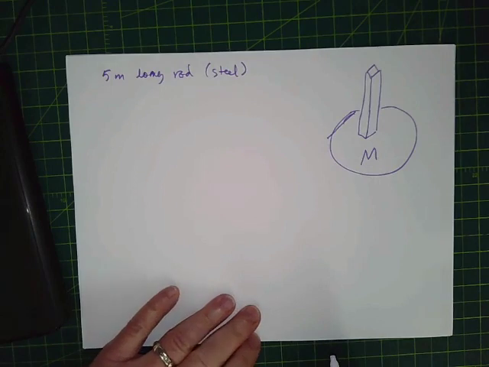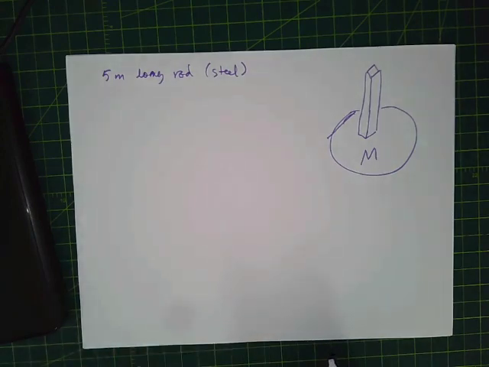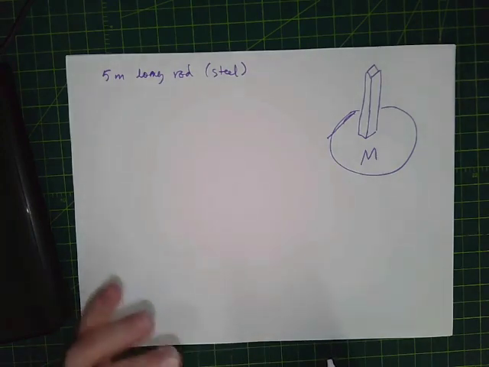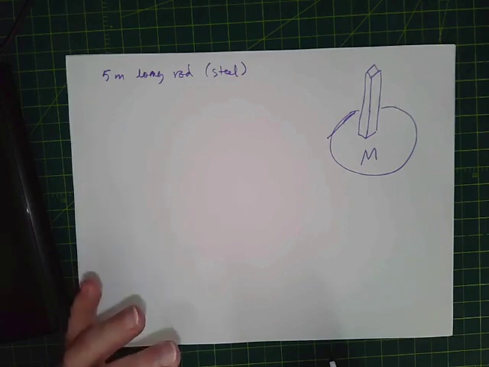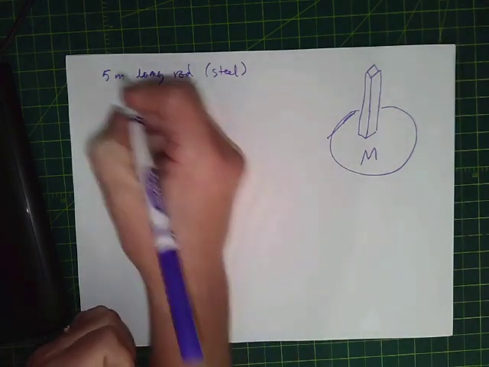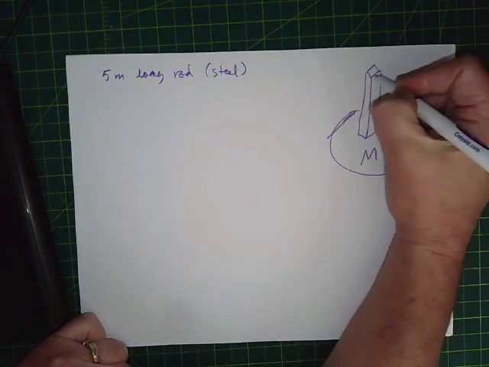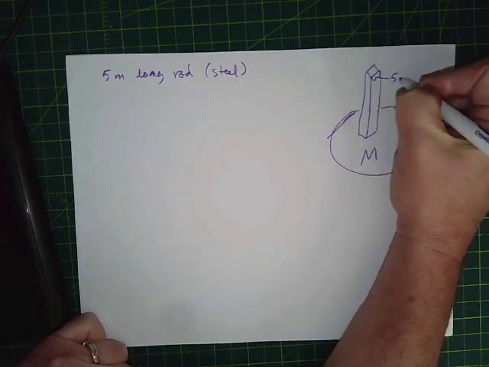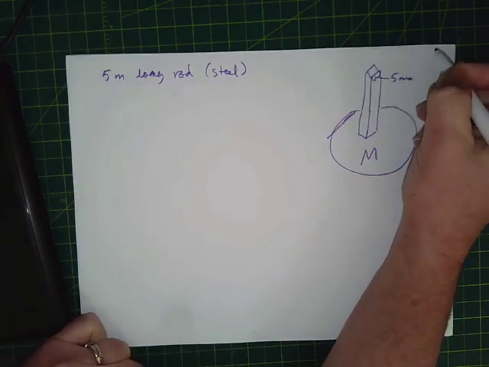As you can guess, lots of these different moduli and parameters are published. You can look them up for different types of materials. So steel has a square cross section, 5 millimeters on each side.